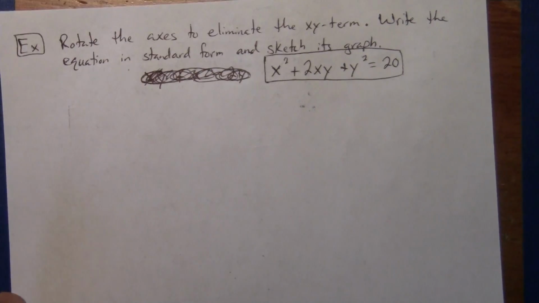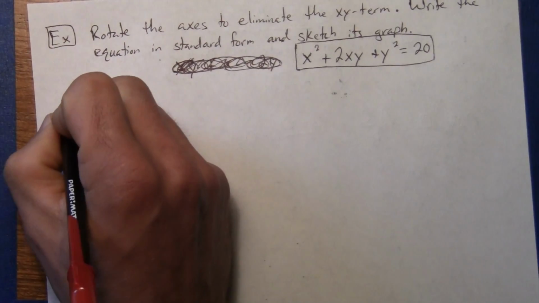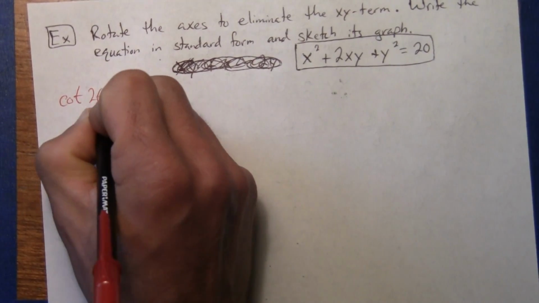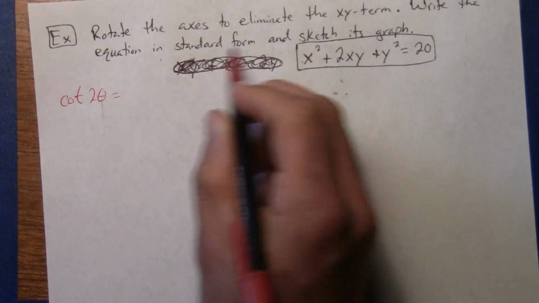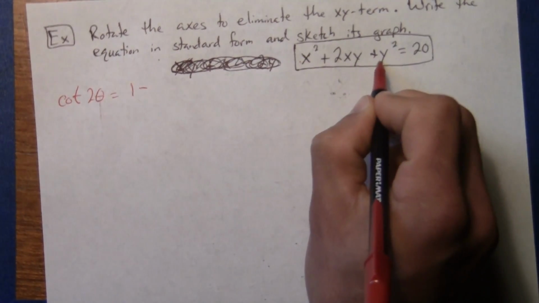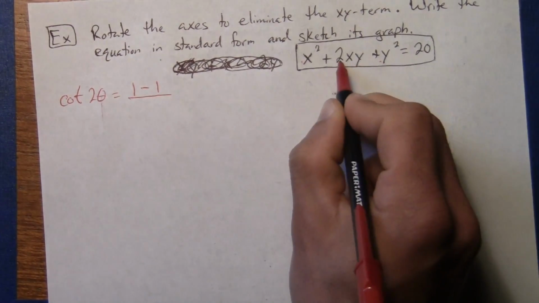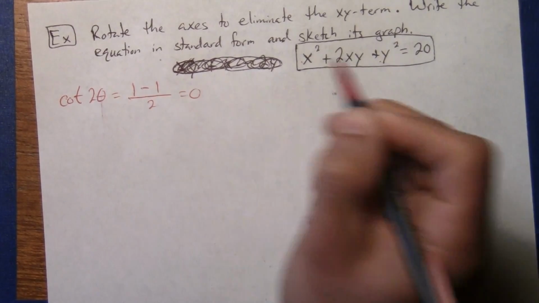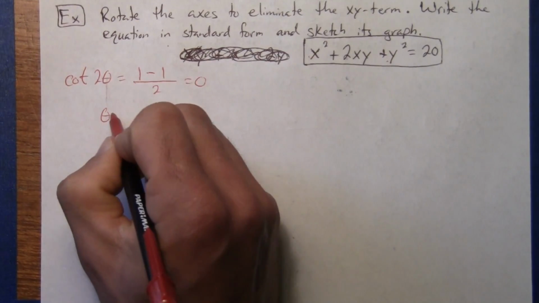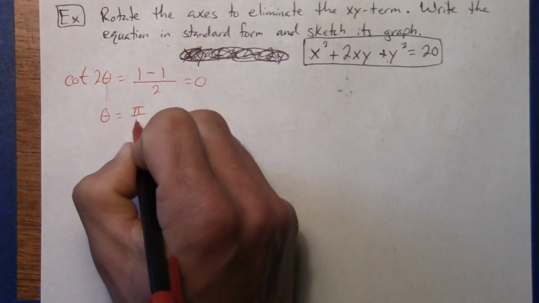Alright, so same type of problem. Going to start by finding the angle of rotation. So cotangent of 2 theta is equal to A, which is 1 here, minus C, which is 1, divided by B, which is 2. And of course, again, I get 0. So I know that theta, without showing all the work, is eventually going to be pi over 4.